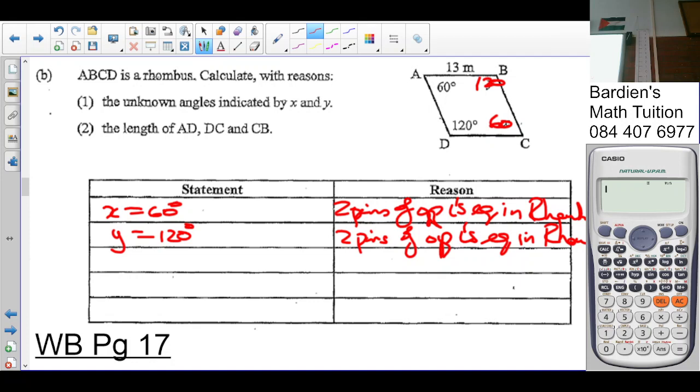Right? The lengths of AD, DC and CB are all going to be the same. So AD is equal to DC, which is equal to CB, which is equal to 30. Why? All sides equal in a rhombus. That's all you needed to say. Okay.